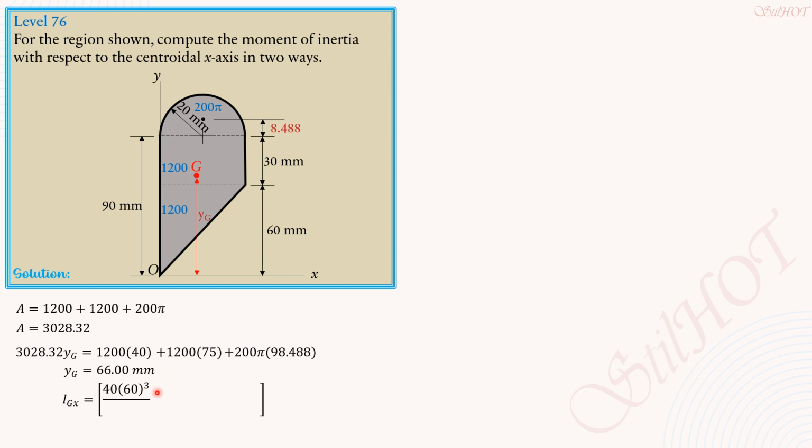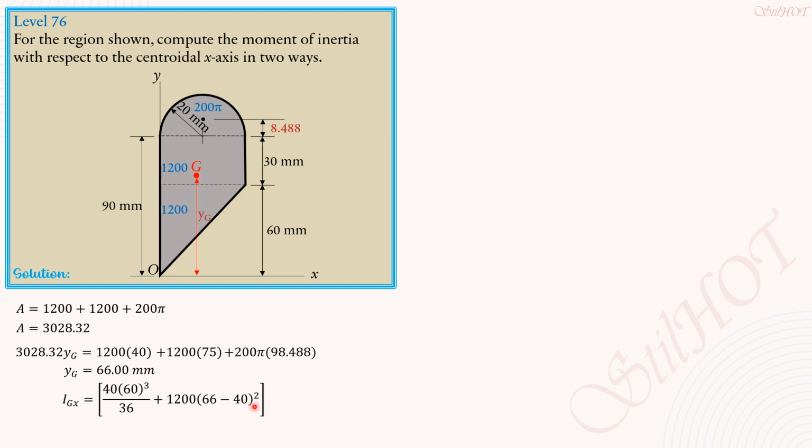Then by transfer formula for moment of inertia, I bar x, so Igx is equal to, for the triangle, bh cube over 36 plus area distance square. So moment of inertia of the triangle with respect to the centroidal axis is base 40 height cube over 36, plus area 1,200, then the distance between the centroid of the entire area parallel to the x-axis and the centroid of the triangle, which is here, this is 40, so it's yg minus 40.